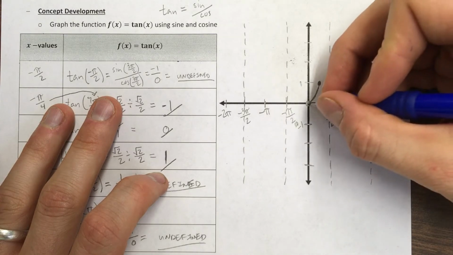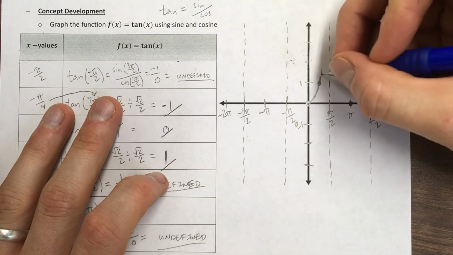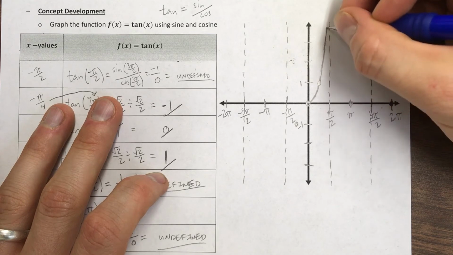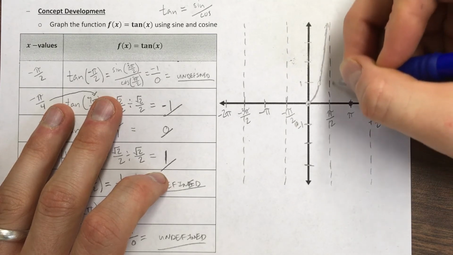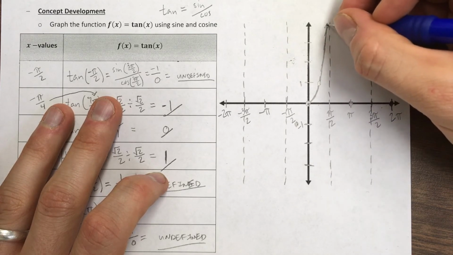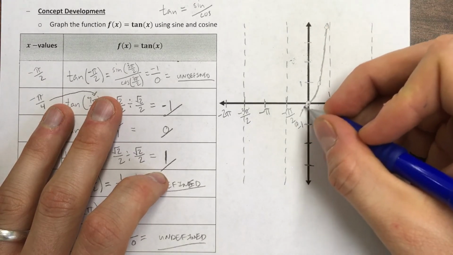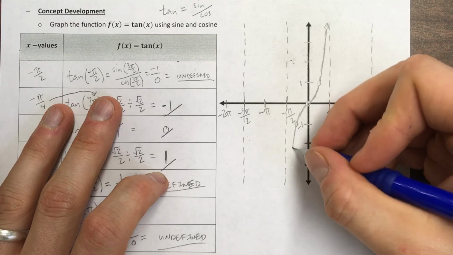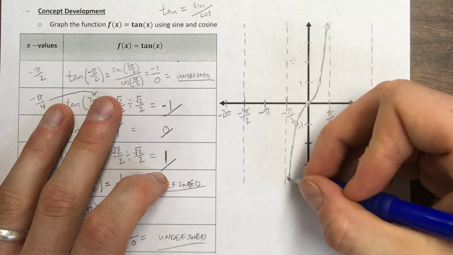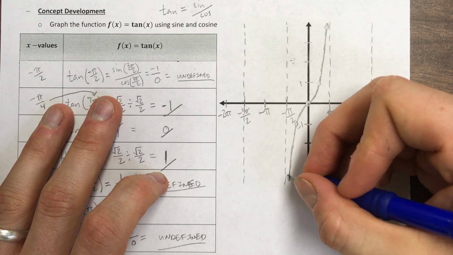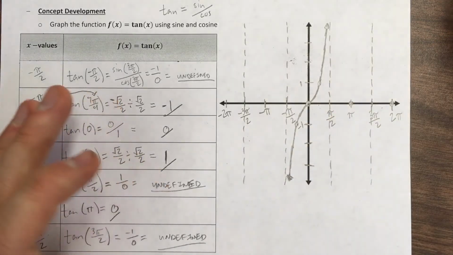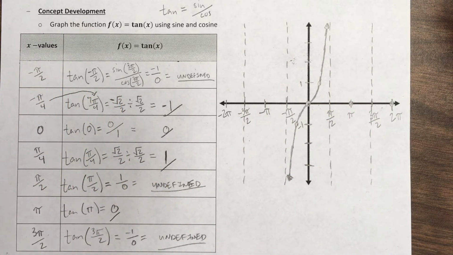It's going to go through 0, 0, it's going to go through this point, and then as it goes up, it's going to get really, really close to this dotted line, but never touch. Same thing as we go down. It's going to go down through that point, and then it's going to get really close to, but never touch this dotted line. And that's one cycle, if you will.